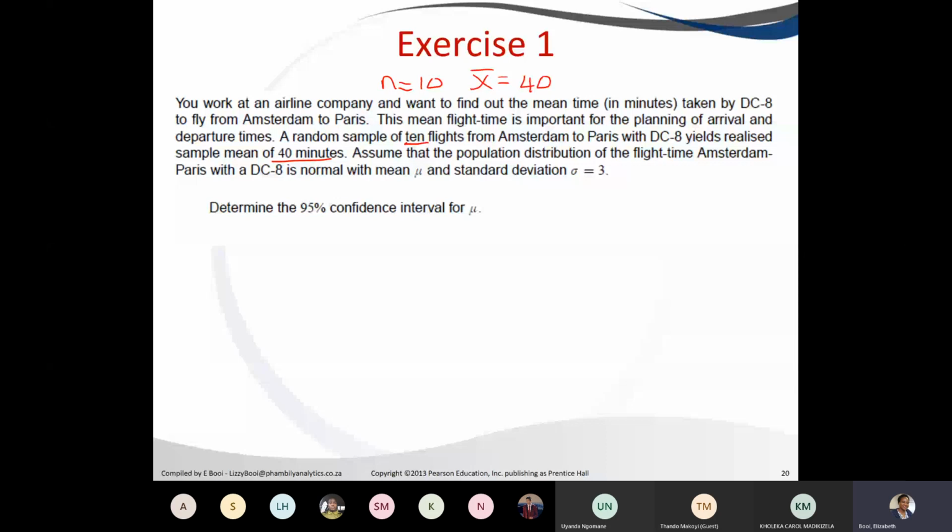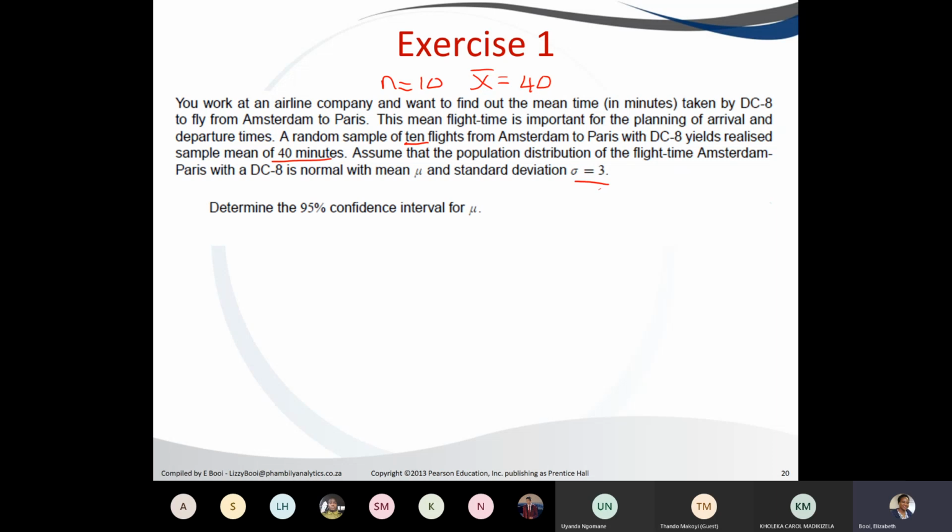Assume that the population distribution of the flight time from Amsterdam to Paris is normally distributed with the mean and the standard deviation, and they give us the population standard deviation.